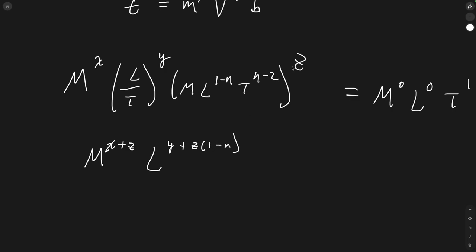Because when you take a base to an exponent and raise that to an exponent, you just multiply the two exponents. And then we do that for t, right? So t to the minus y plus z times n minus 2. Okay?